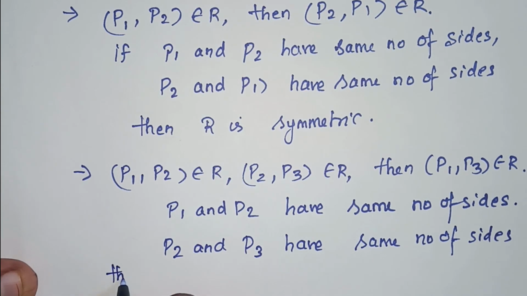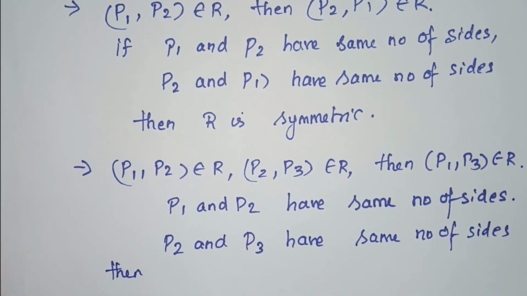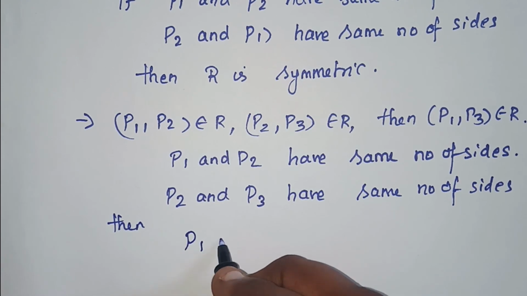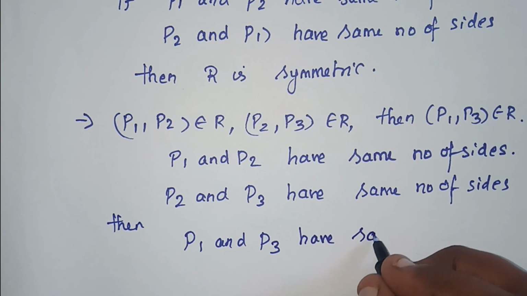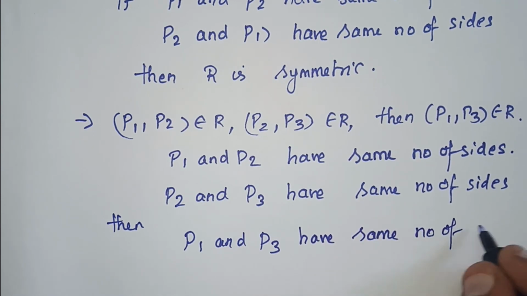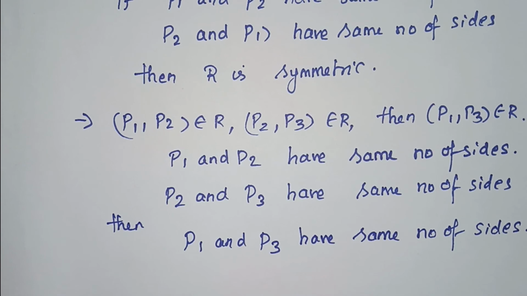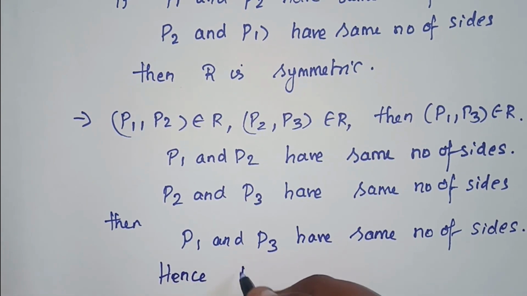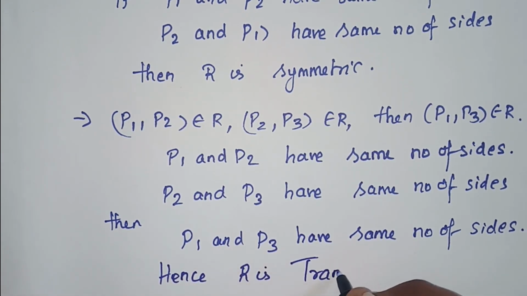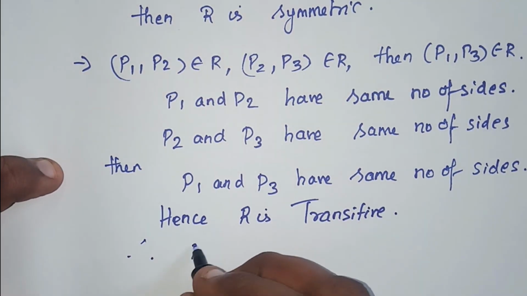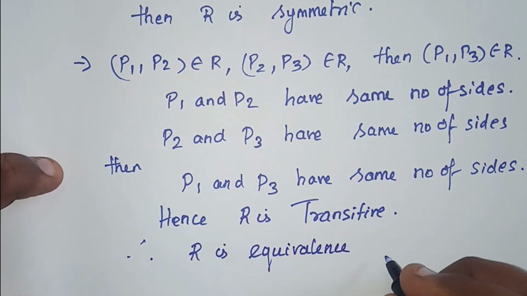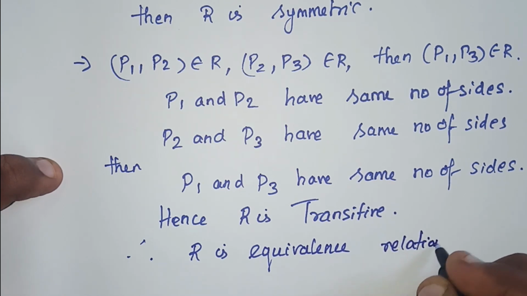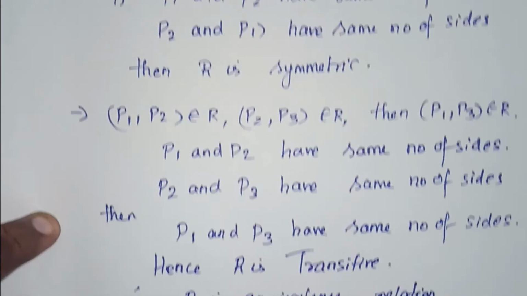So automatically P1 and P3 also have the same number of sides, right? Hence this relation is transitive. Therefore the given relation is an equivalence relation. So we proved the given relation is an equivalence relation.